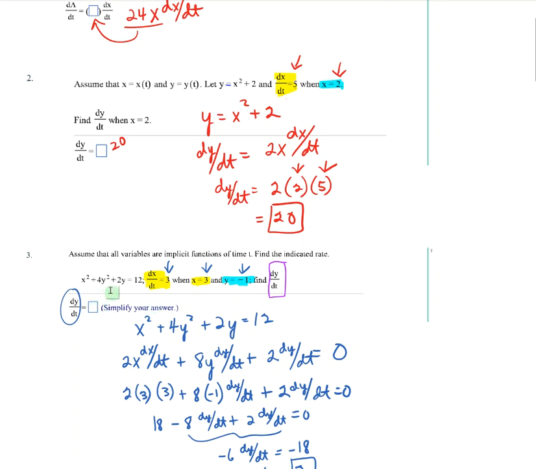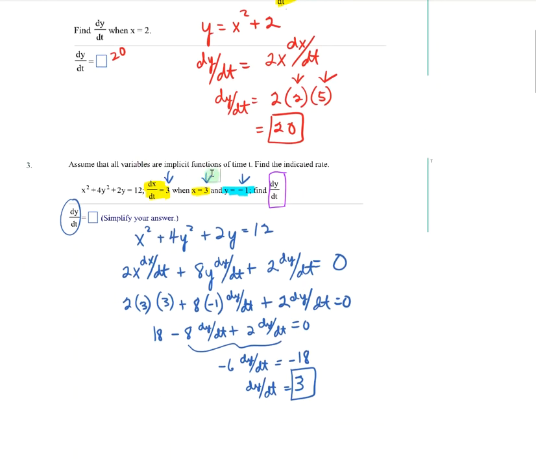All right, number 3. Assume that all variables are implicit functions of time t. Find the indicated rate. Here is the function, and we're supposed to find dy/dt. So we'll go through and do all our differentiation. This is 2x dx/dt. This is 8y dy/dt plus 2 dy/dt, because you just get a 2, the y is gone, equals the derivative of 12, which is 0.